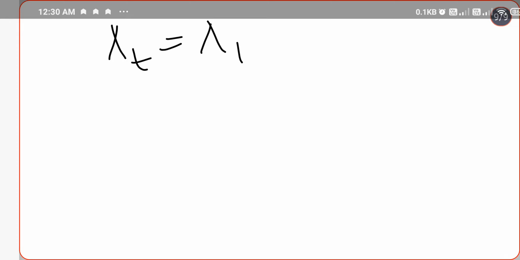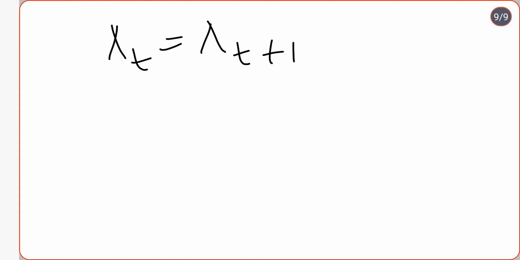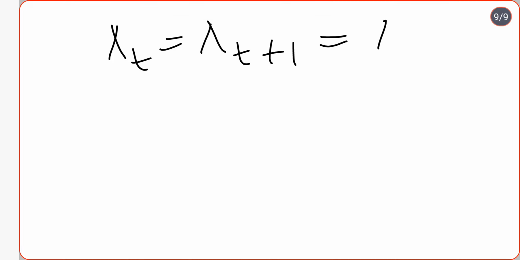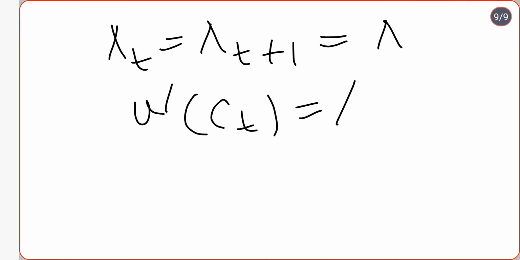Now lambda t is equal to lambda t plus 1, that means marginal utility of money in t period is equal to marginal utility of money in t plus 1 period. That means marginal utility of money are equal in all the periods. So we may say that lambda t is equal to lambda t plus 1 is equal to lambda, because marginal utility of money in all periods are same. So we may say that u dash ct was equal to lambda t.